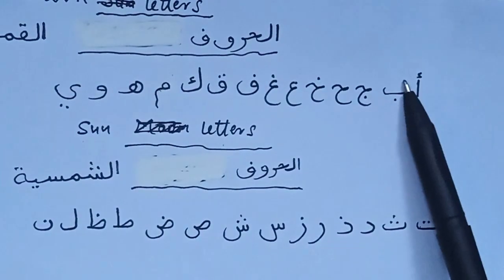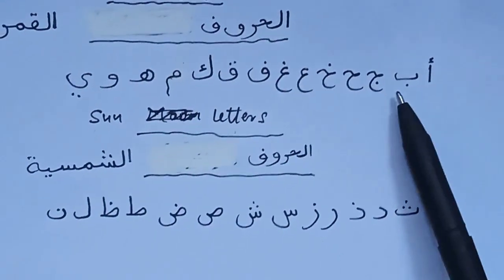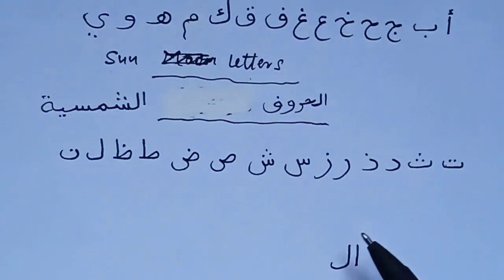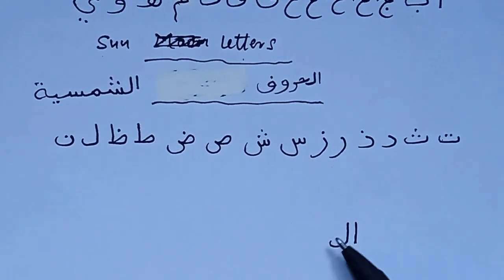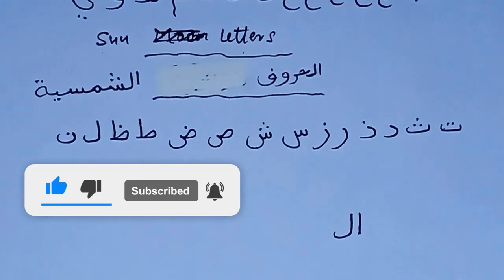So when we take any letter of the moon letters and express it with the Alif Laam, it gives us the combination that we are going to have now.